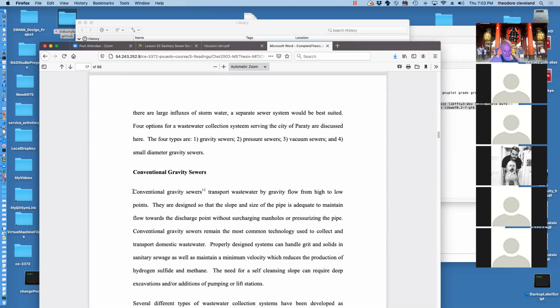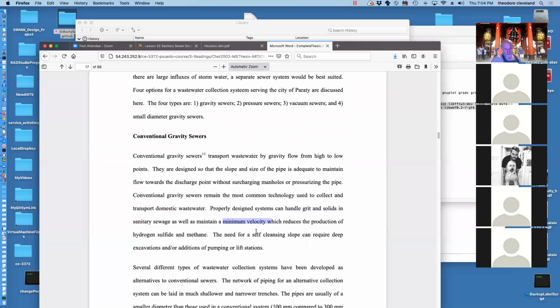What I've been talking about the last 2 class meetings are what would be classified as a conventional gravity sewer. We're transporting wastewater by gravity flow, using elevation changes to provide the energy to do that. And where that can't be done, we put in a lift station and lift the wastewater and again let it go on its gravity merry way. These systems can handle solids as long as we maintain an adequate minimum velocity, which in turn helps reduce the production of sulfides and methanes.